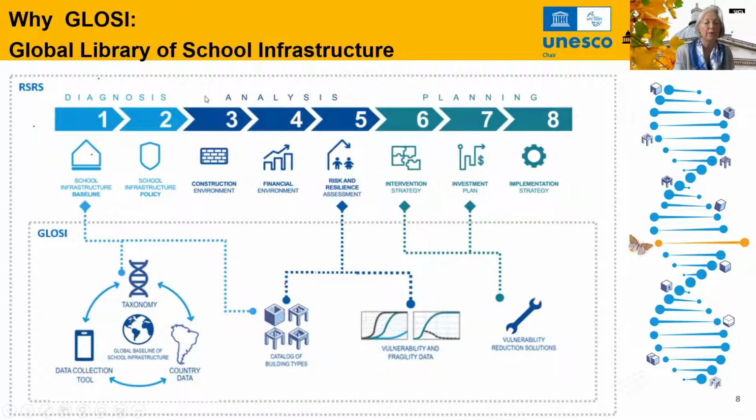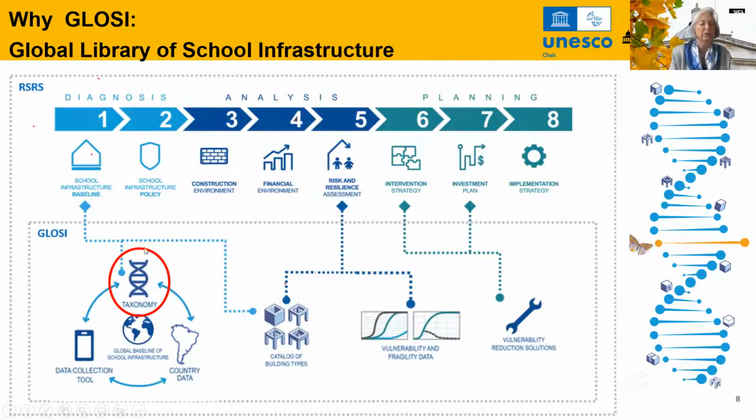Once we have these terms, that is what is possible to build, what technologies are used in a particular country, and how these technologies are confidently used and delivered, and once we know the financial environment, i.e. the economic possibilities within the country, then we can start designing an intervention strategy, make investment plans, and eventually implement such plans through appropriate and robust strategies.